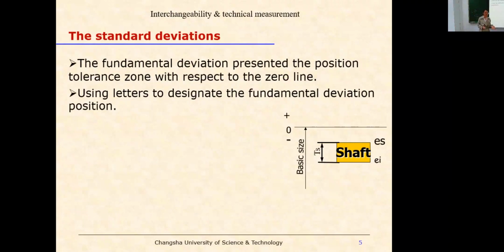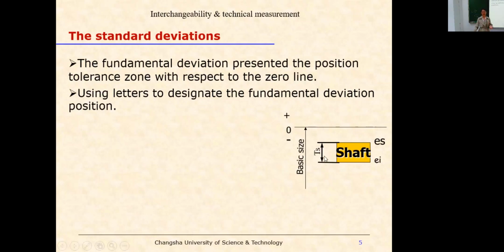And another term is the standard deviation. If you learned the tolerance, I give you the tolerance or the basic size, and I give you just the tolerance, and let you manufacture to IT7 procedure, the size, and you know the TS, right?